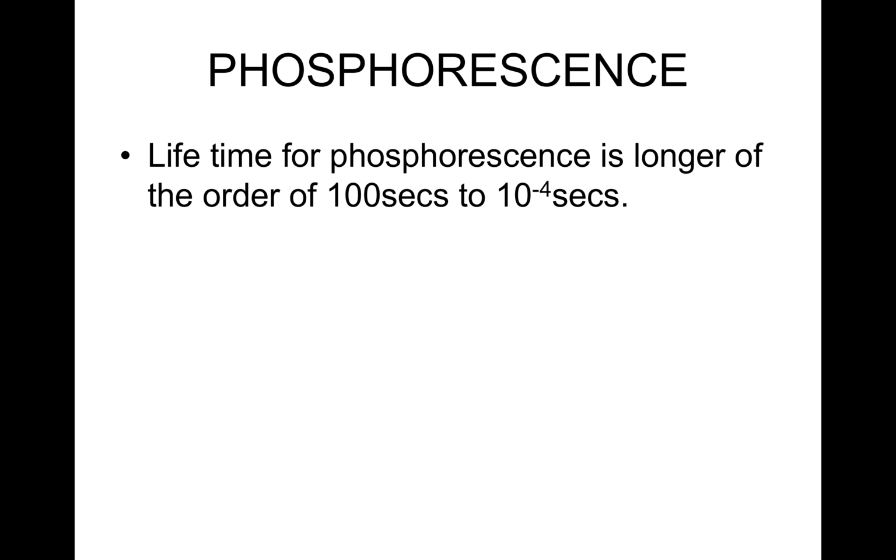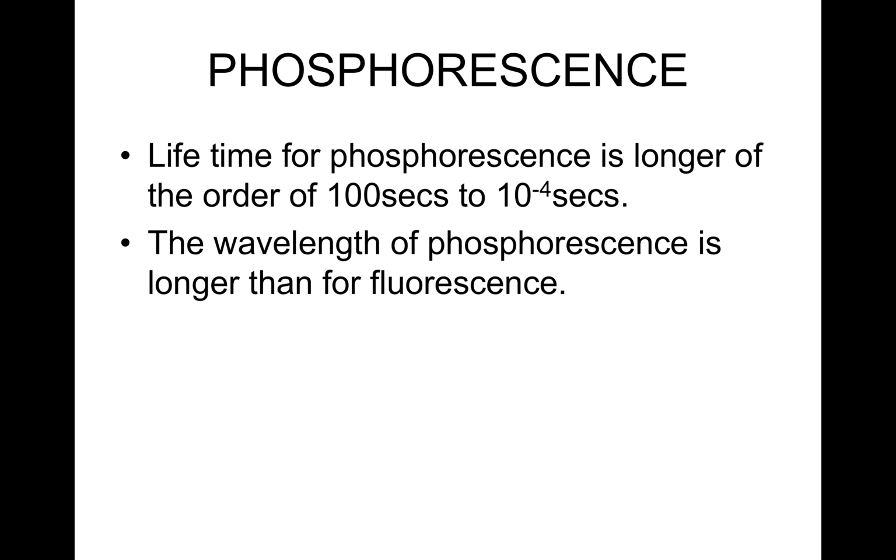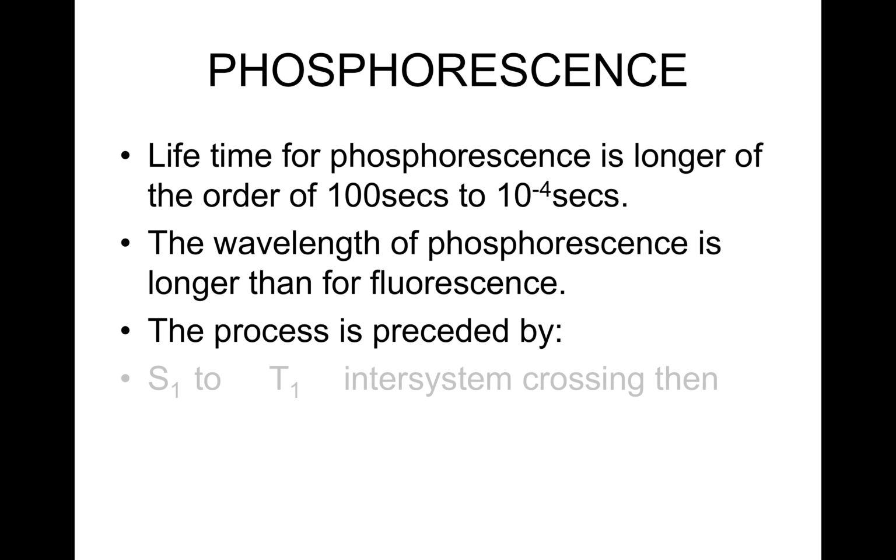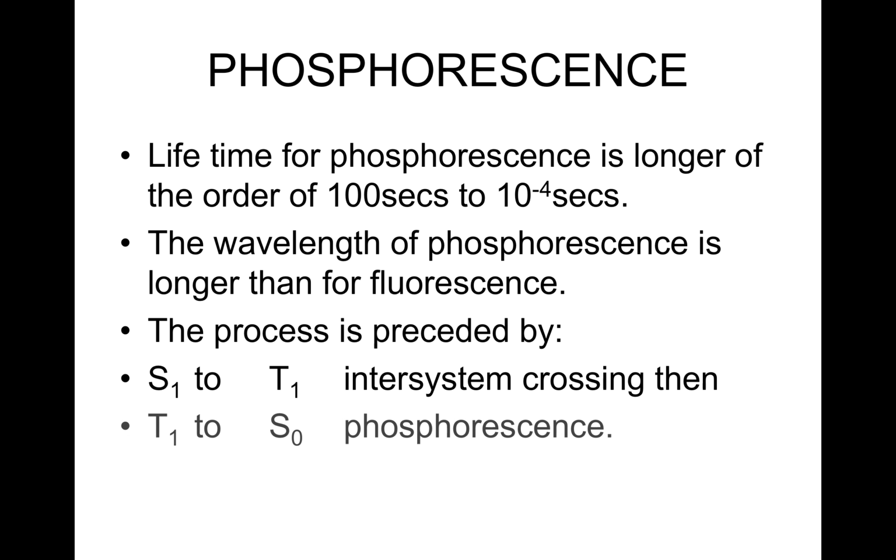Lifetime for phosphorescence is longer, of the order of 100 seconds to 10 to the minus 4 of a second. The wavelength of phosphorescence is longer than that of fluorescence. The process is preceded by S to T1 intersystem crossing, as we showed in the diagram, and then T1 to S0 phosphorescence.